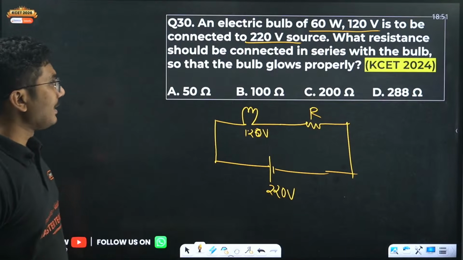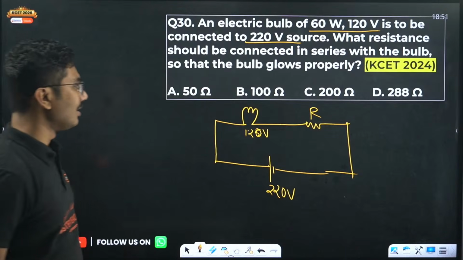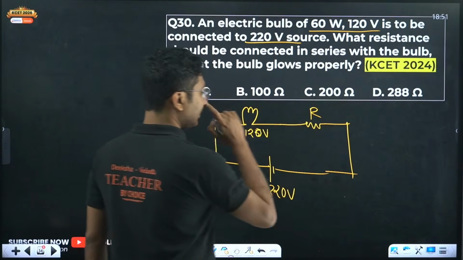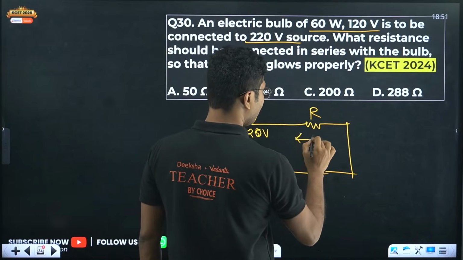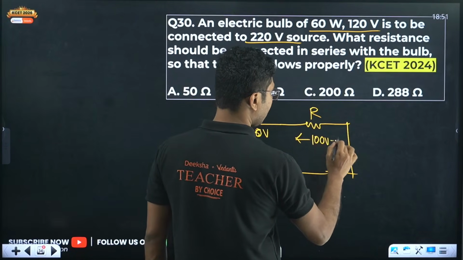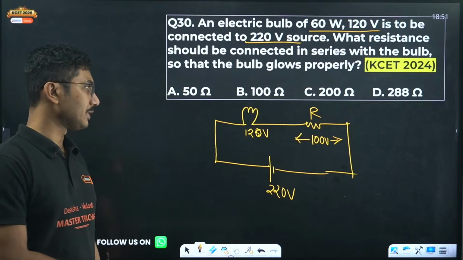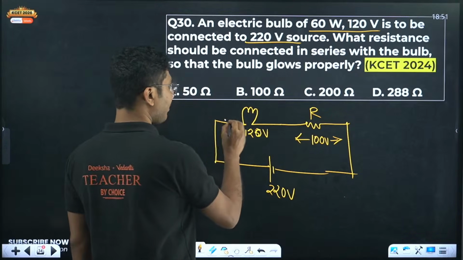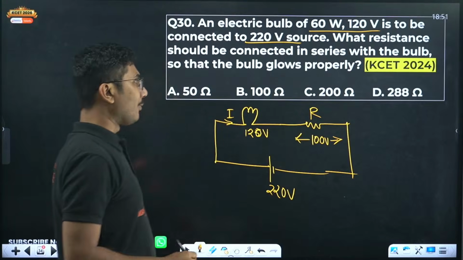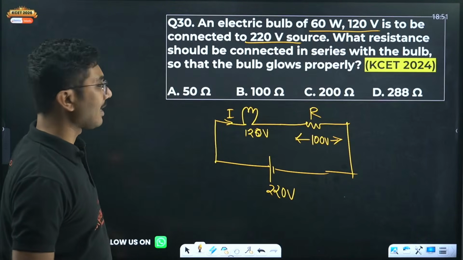Okay, so that means we have to have a resistance which gets a drop of 100 volt across it. So resistance should get a 100 volt drop across it when the maximum current passes through the bulb. Now what is the maximum current that can a bulb withstand?